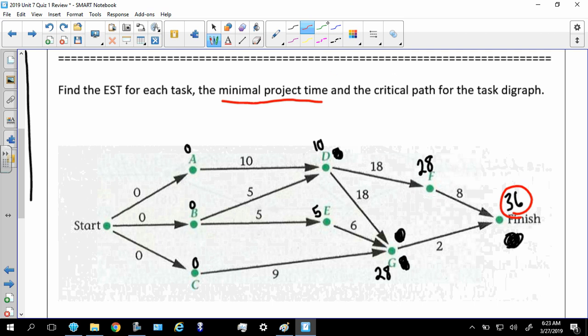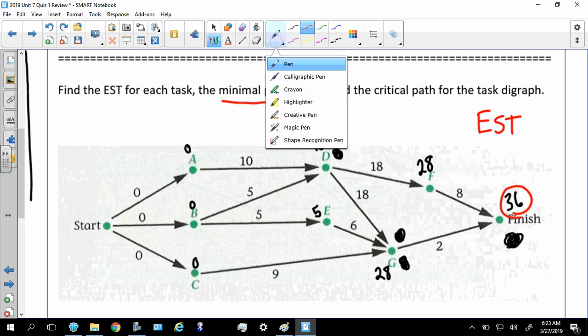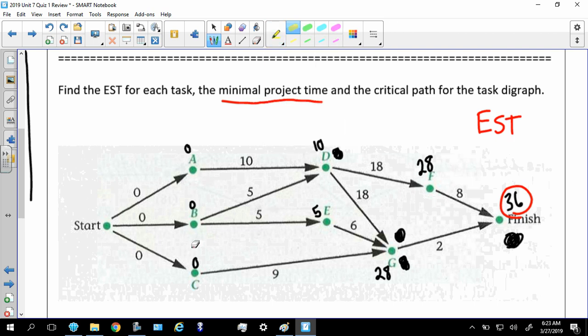All right, so the critical path, that's when you're highlighting. And remember, you base your highlights off of the EST. So we're basing everything off of the EST. And that is how we got the EST. So for example, A, B, and C all got zeros because it came from start. So my critical path all of a sudden just branched 3 ways. All right.